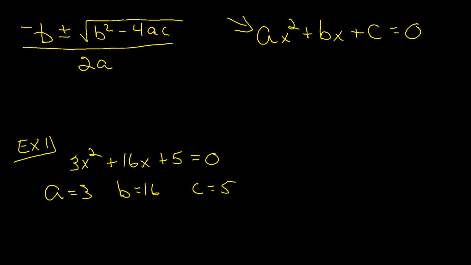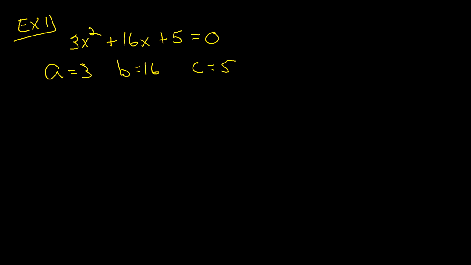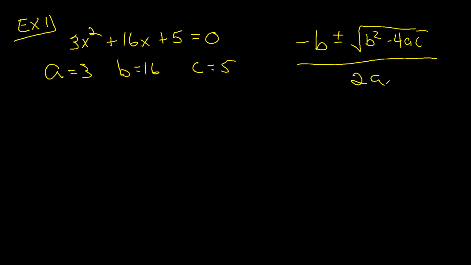Whatever helps you to get the correct answer. And then you bring along this formula with you, the negative b plus or minus the square root of b squared minus 4ac, all divided by 2a, and let that be your guide as you're going through this.